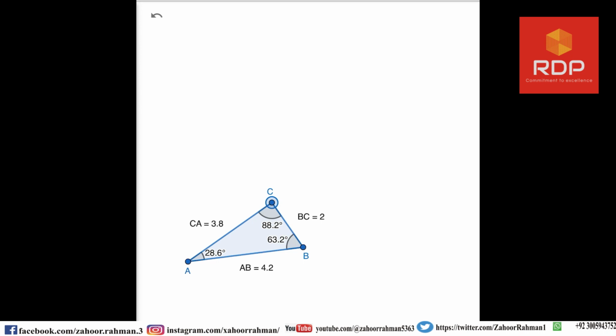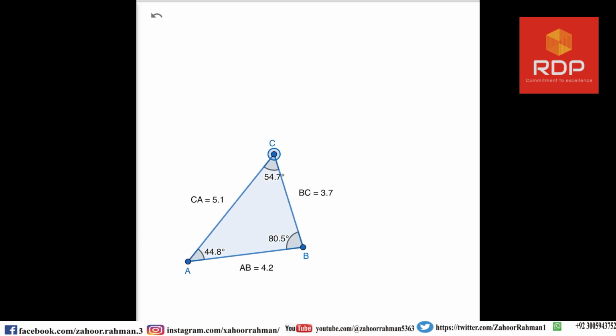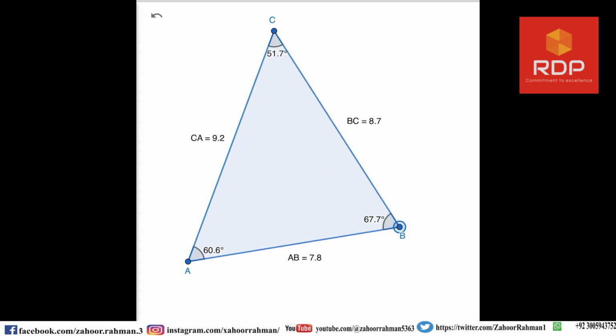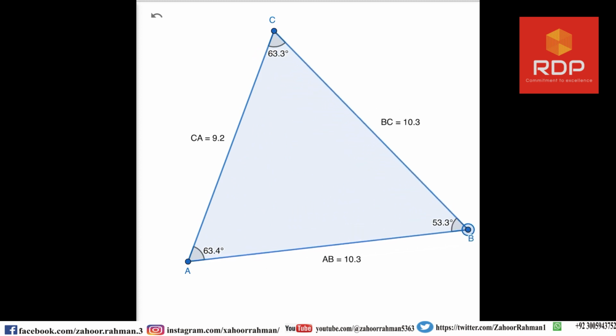In this case, if we add the interior angles, that is 28.6 and 63.2 and 88.2, then we will get again 180. You can confirm that with your calculators, that whatever angles we are getting must be equal to 180 degrees.